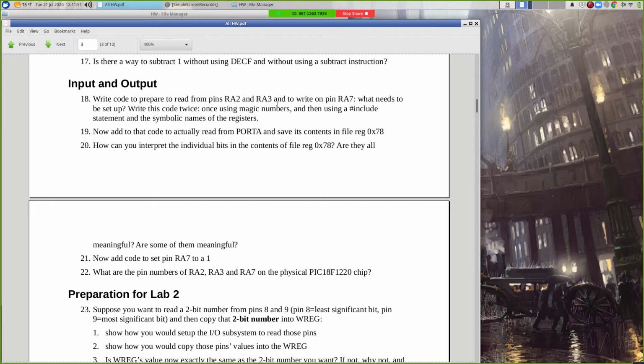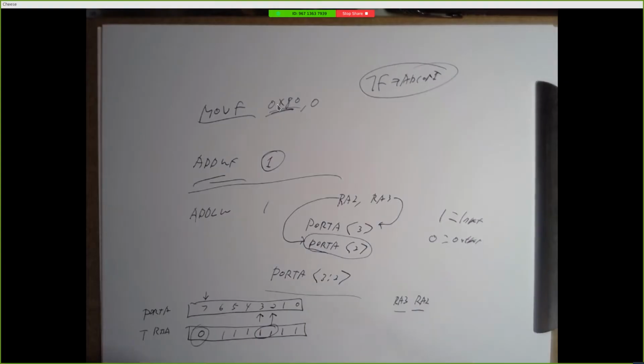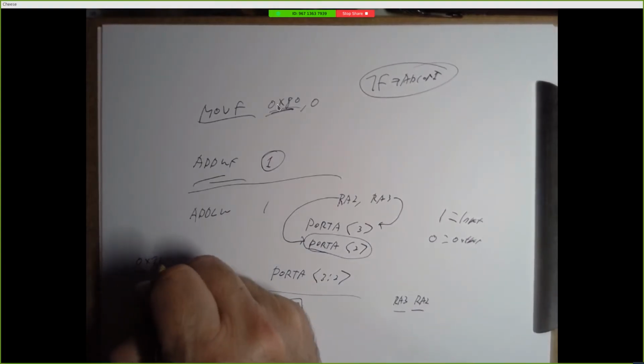So 78 is going to contain 8 bits. What is the meaning of each of those bits? And this is a think-about-it kind of question, right? I'm going to copy port A into a file register, and now that file register has 8 bits. So let's look at hex 78.